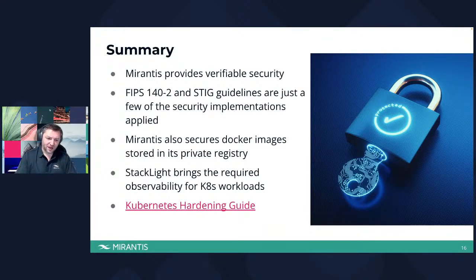And of course, with StackLight, we also bring the required observability for the Kubernetes workload you want to deploy, again, whatever the infrastructure. I also put a link to the Kubernetes hardening guide, which was released some weeks ago. It's really interesting for understanding what is required in terms of hardening for your Kubernetes environment.